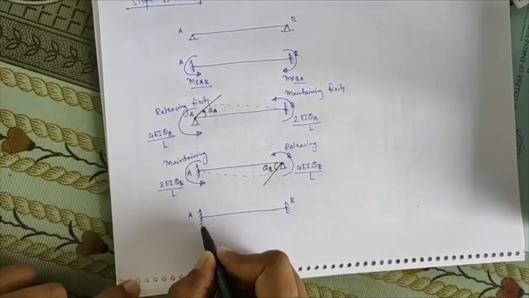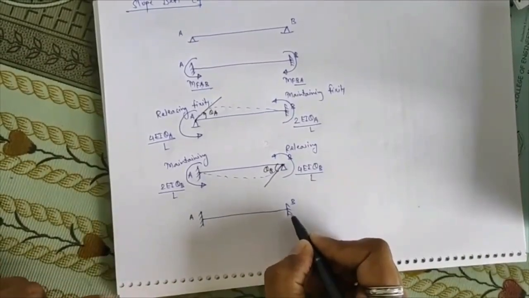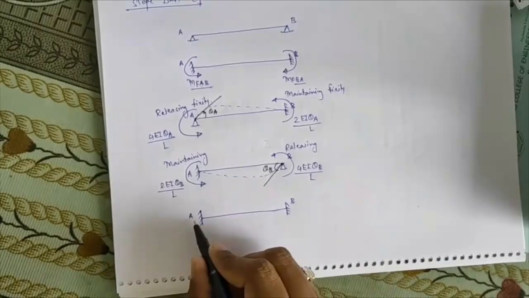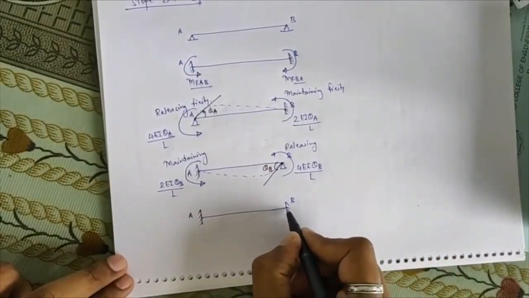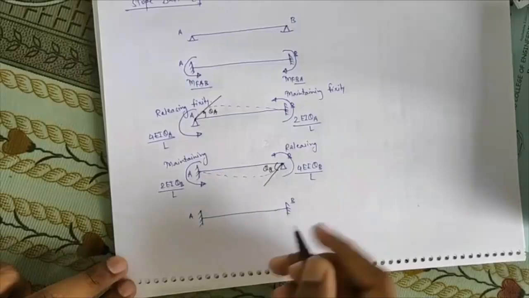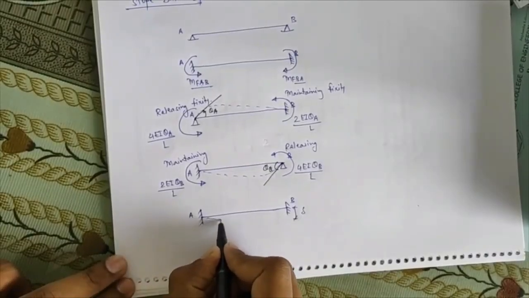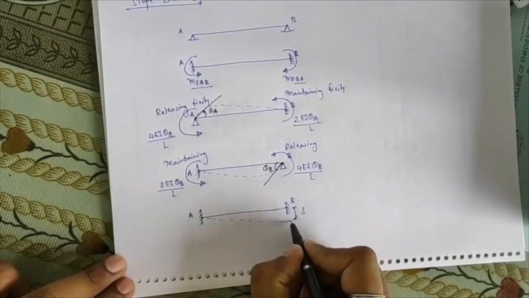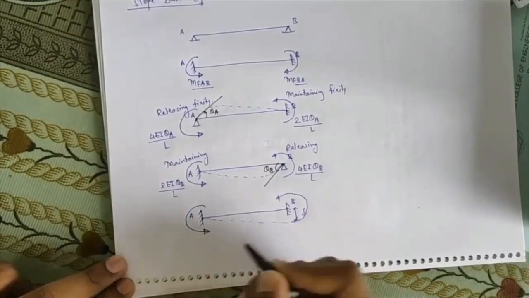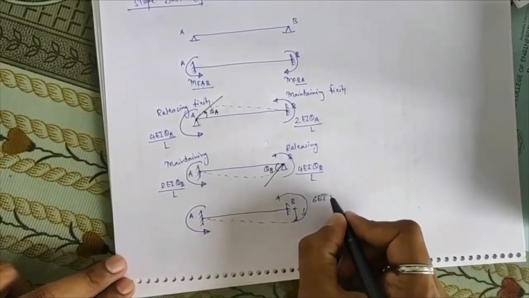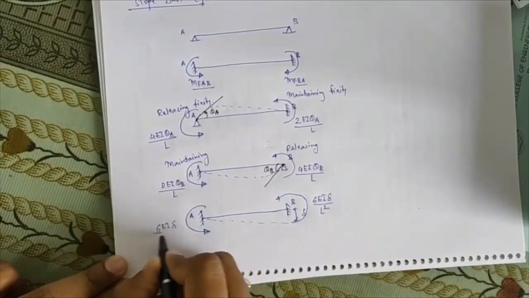That is, maintaining fixity at joints A and B, but releasing my fixity for transverse displacement at both joints. Suppose your point B is suffering transverse displacement delta. Due to that, this elastic curve will be bent in this way, and due to that, moments will occur at both these ends of intensity 6 EI delta upon L square. Same way 6 EI delta upon L square.